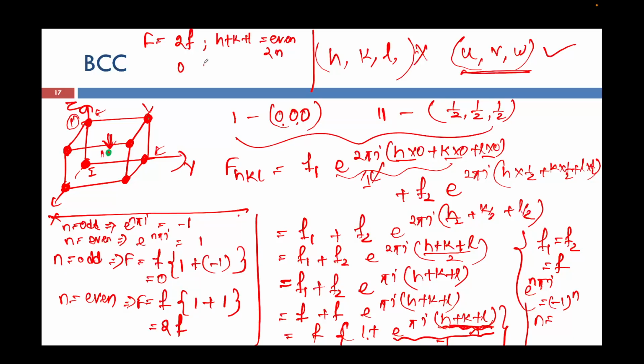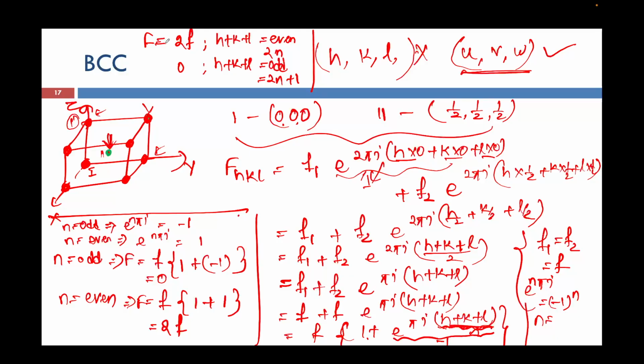This is 0 when h plus k plus l is odd, that means 2n plus 1. So this is the reason in BCC h plus k plus l is even, that means the summation of the indices of your plane. F means what? F means structure factor, right?